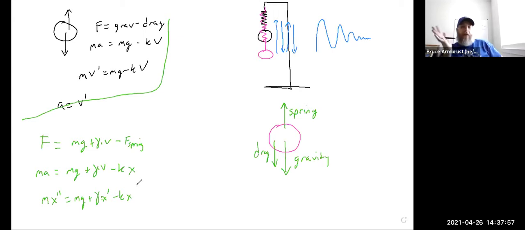Now you might be going, all right, let's eliminate the drag. Let's get rid of the drag because that clearly must be the problem, right? Well, if there were no drag, this piece goes away, right? That's still linear second order.